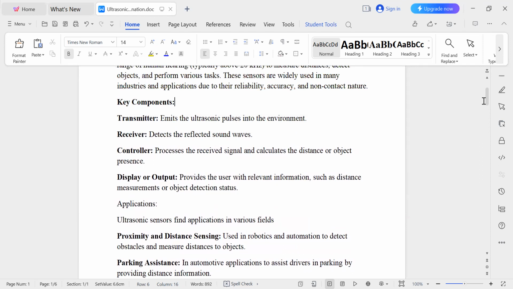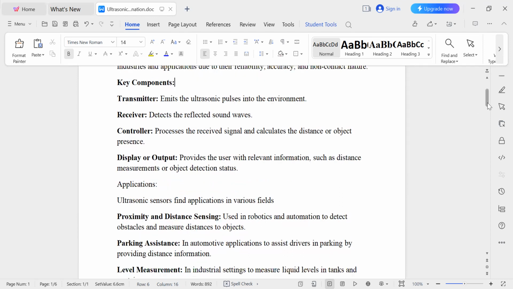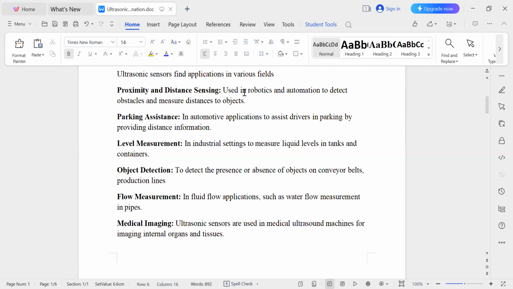In key components, it has a transmitter and a receiver. The transmitter emits ultrasonic pulses into the environment, whereas the receiver detects the reflected sound waves. Some applications of the ultrasonic sensor: they are used in robotics and automation to detect obstacles and measure the distance to an object.